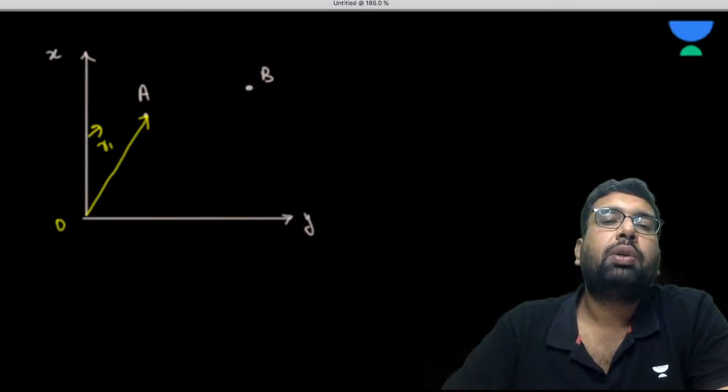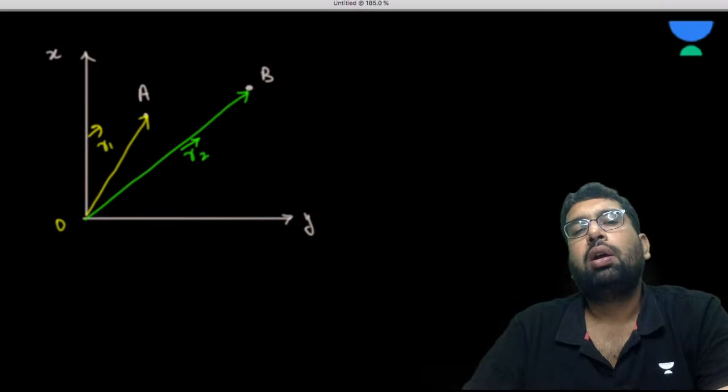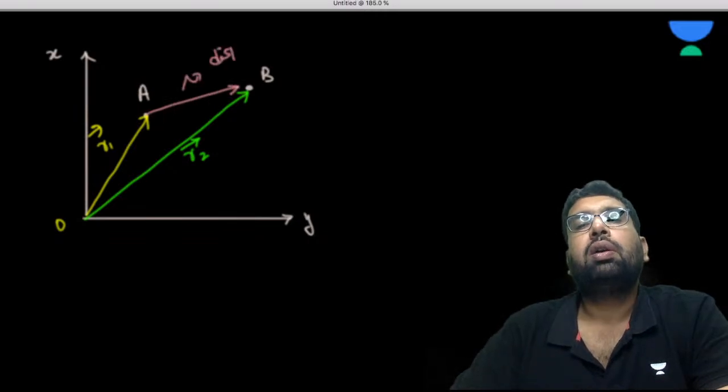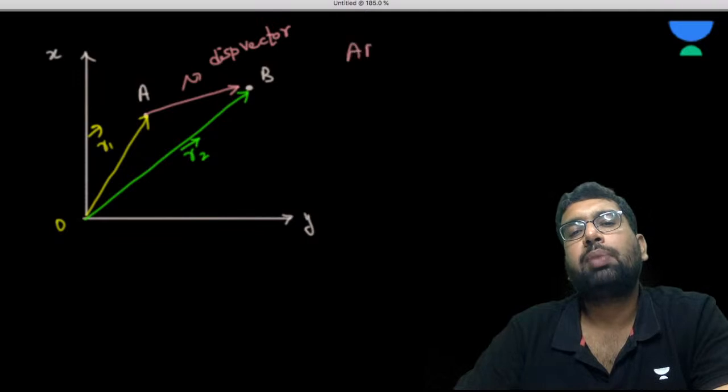Similarly, the position of point B from the origin is given by the position vector R2, and this is your displacement vector AB.